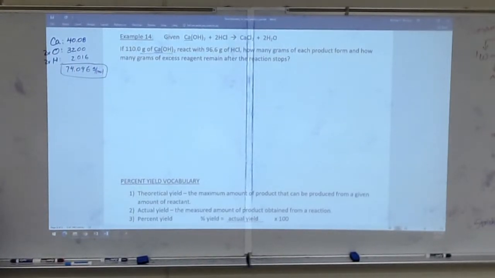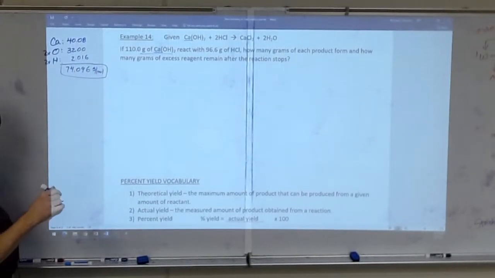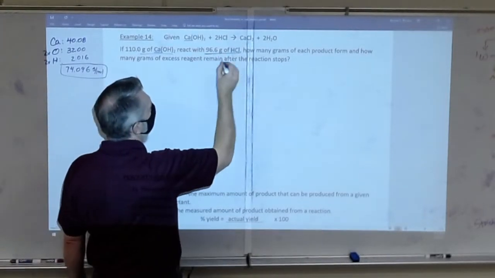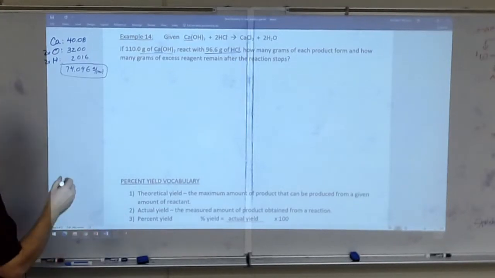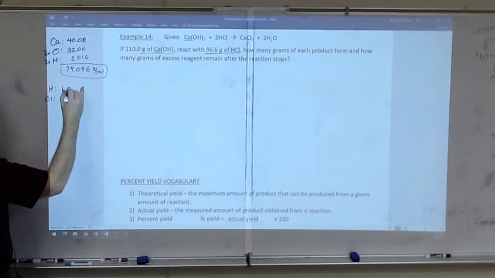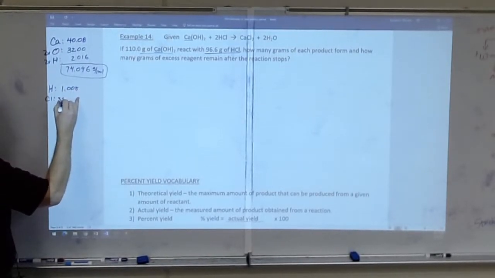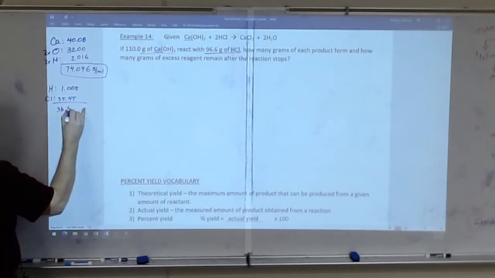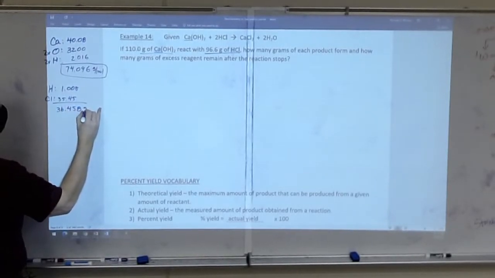Did everybody get that? All right. And it reacts with 96.6 grams of HCl. That means I need to calculate the molar mass of HCl. H and Cl: 1.008 plus 35.45, so that's 36.458 grams per mole.